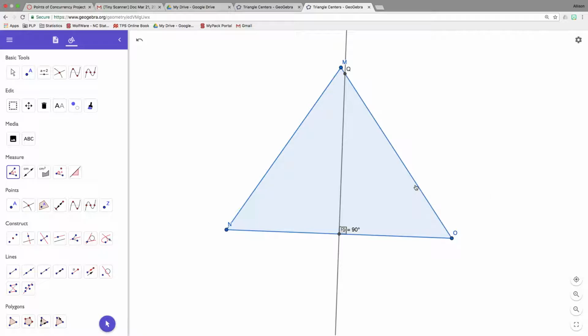Now how do I check that it's a bisector? Goes through the middle. Yeah, so how can I make sure that's the middle of this side over here? Measure.